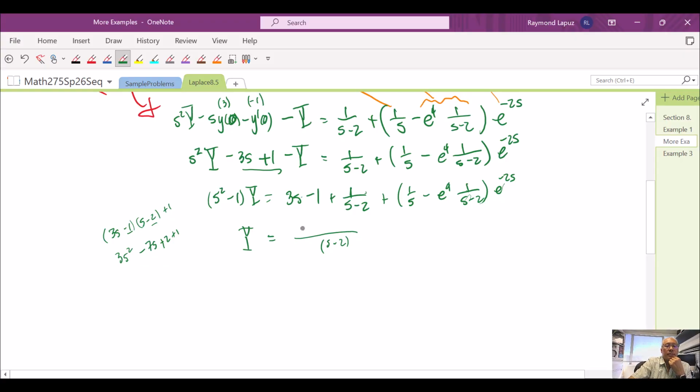So that's going to be 3s squared minus 7s plus 3 in the numerator, and we were on our way to dividing by s squared minus 1. Here I will get 1 over s squared minus 1 minus e to the 4th, and this is going to be s minus 2 times s squared minus 1.